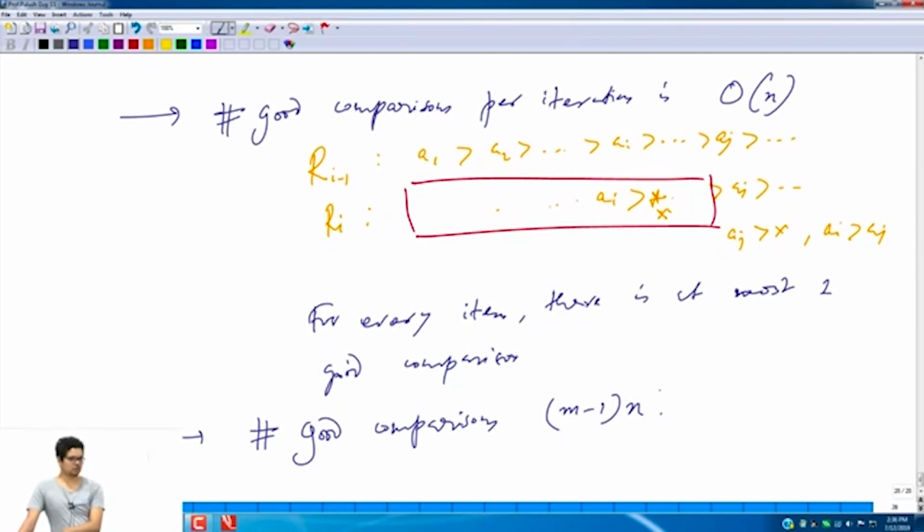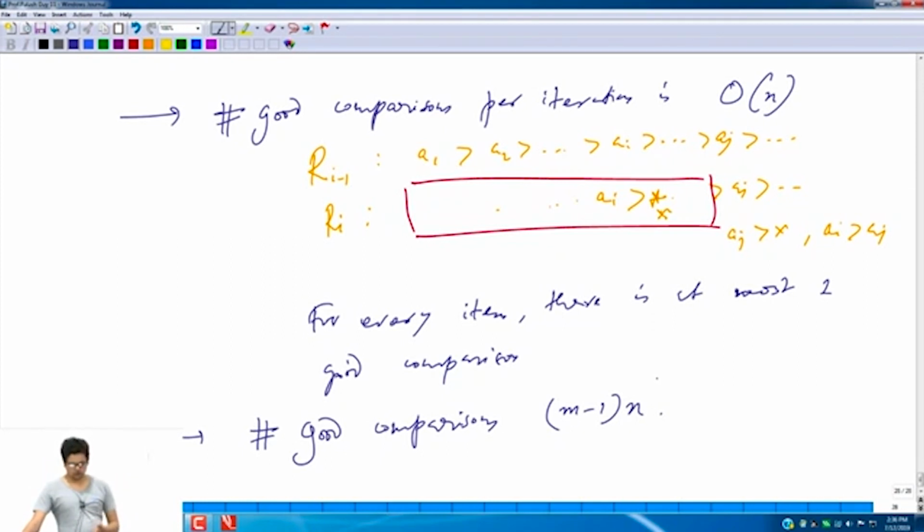There are m minus 1 of them, so m minus 1 times n. Everyone with me? So, we have computed the total good comparisons of the algorithm for oracle 2 to oracle m.